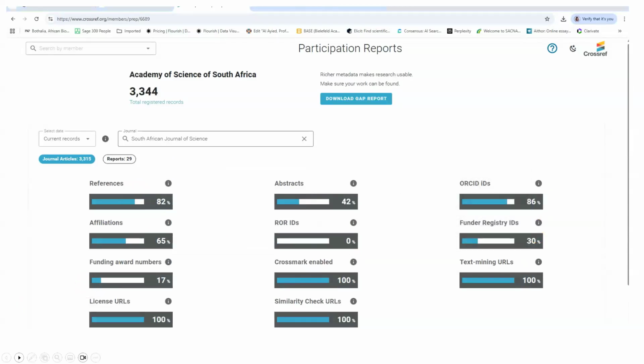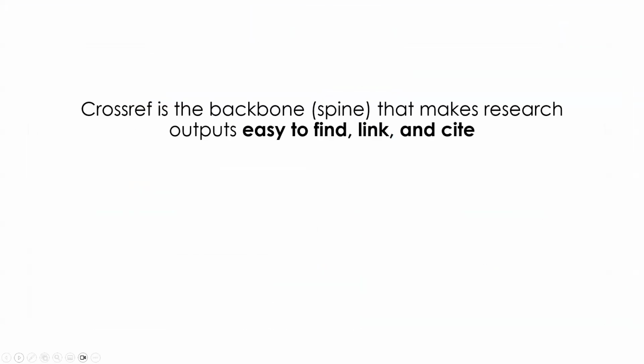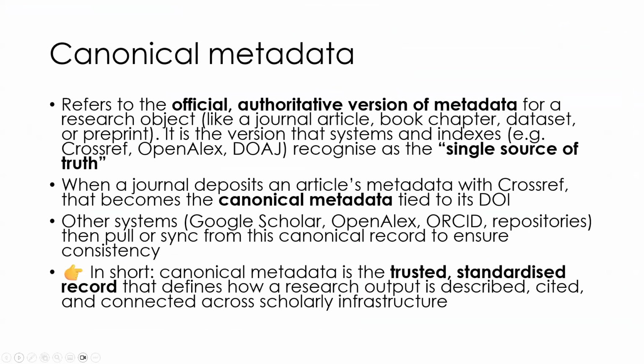Okay, so that was the metadata health report. As I said, Crossref is the backbone spine that makes research easy to find and link. You might hear reference to canonical metadata. It refers to the official authoritative version of metadata for a research object. And that is when a journal deposits an article's metadata with Crossref, that becomes the canonical metadata tied to its DOIs.